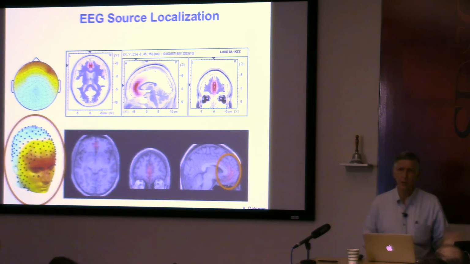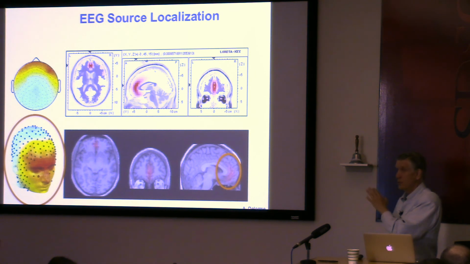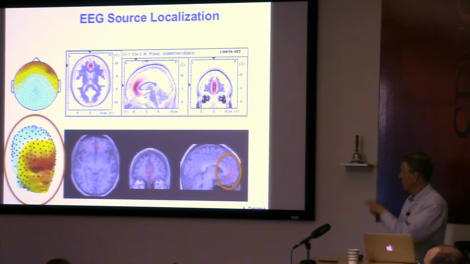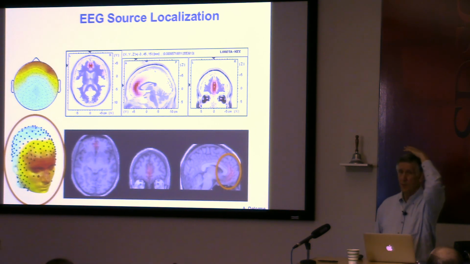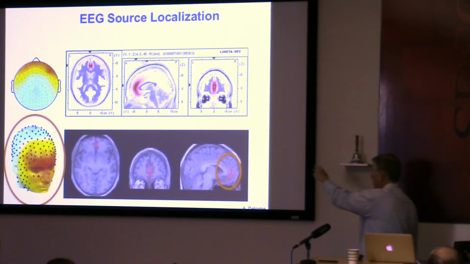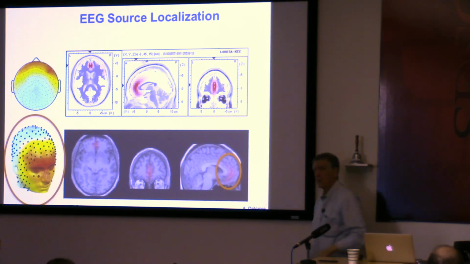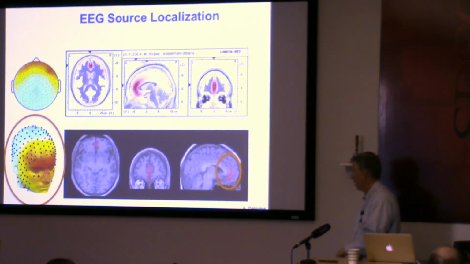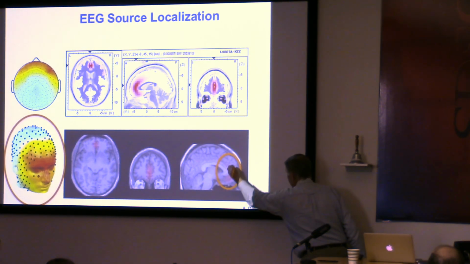That's physiologically highly implausible. That doesn't mean the method is wrong. According to the assumptions of the method, that's the best solution. Okay, so be aware of that, particularly if you take some peak in your scalp ERP and you find some solution like this. Be aware that doesn't mean your ERP comes from all this territory and in all those proportions.